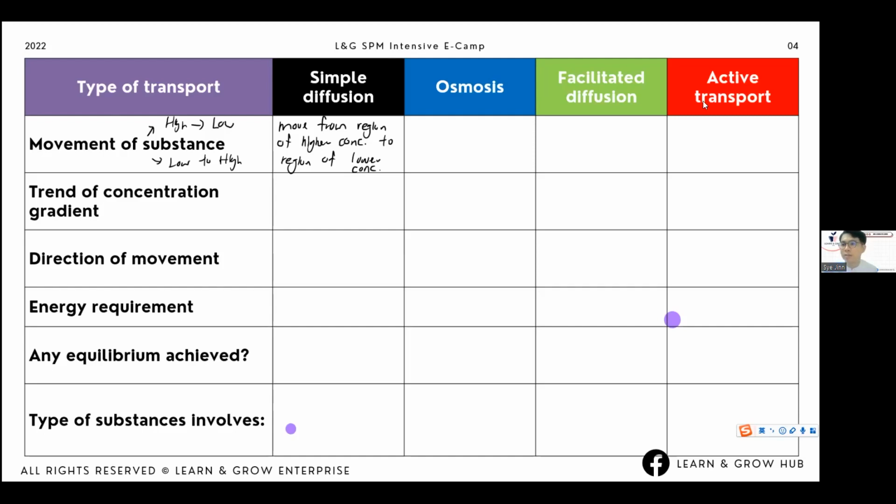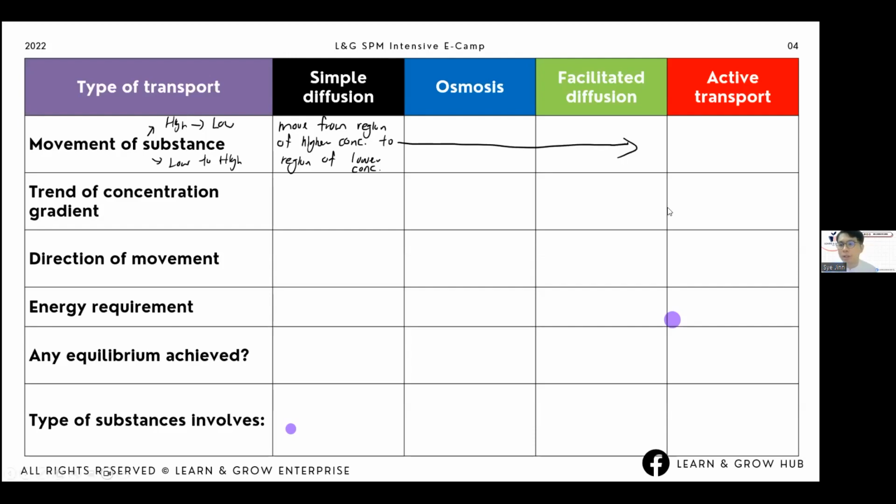Anyone know the answer? Active transport. Miss Wei-En says it is active transport. Any other answer? Active. Miss Iki is also talking about active transport. Yes, well done. So this theory applies to osmosis and also facilitated diffusion.